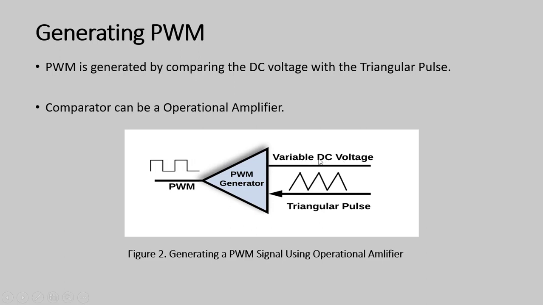The DC voltage can be fixed or variable, and we will get the resultant output, which is PWM, pulse width modulation. These generators can be implemented by using operational amplifier ICs. You can use the very common IC 741 for this purpose.